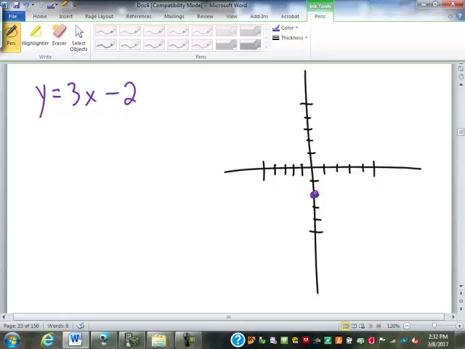So that's the starting point of this equation right there. From that point, what's our slope? Our slope is 3, so we make it 3 over 1. So from this point, we're going to go up or down? Up, how far? 3. 1, 2, and 3. And over? 1. Perfect. So that's our second point on our graph. There's our line.